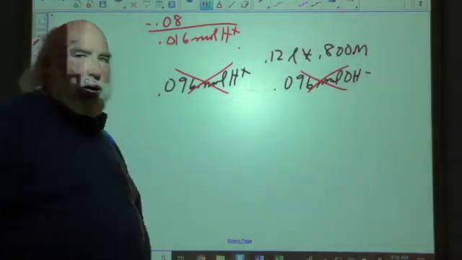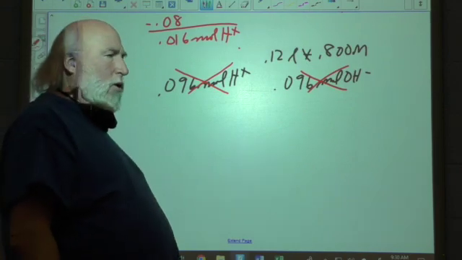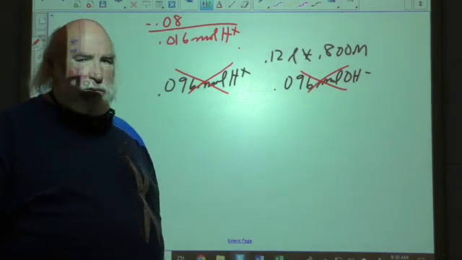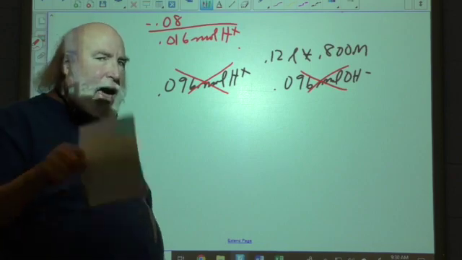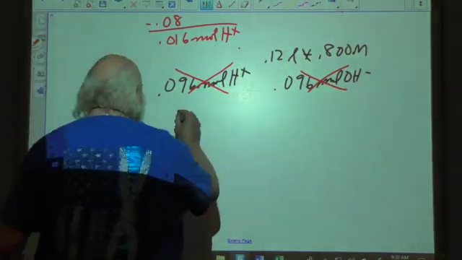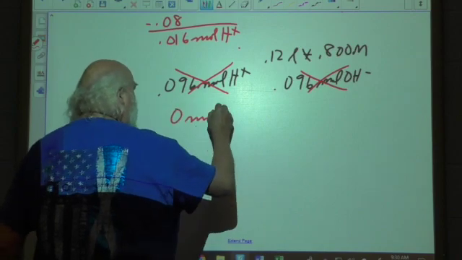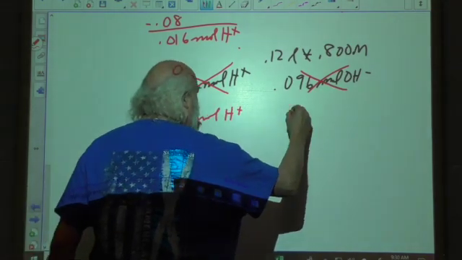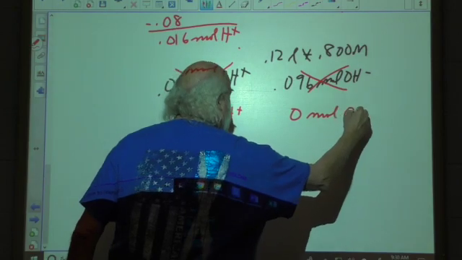If there are no hydrogen ions and no hydroxide ions, then we wouldn't be able to find a pH. There is actually a concentration, but it looks like 0 moles of hydrogen and 0 moles of hydroxide.